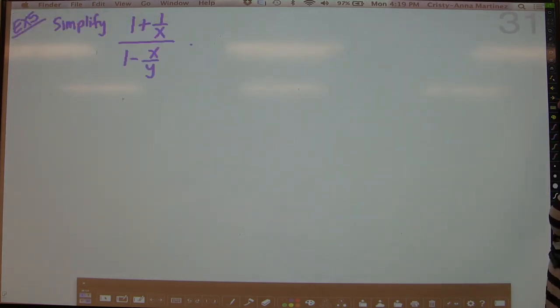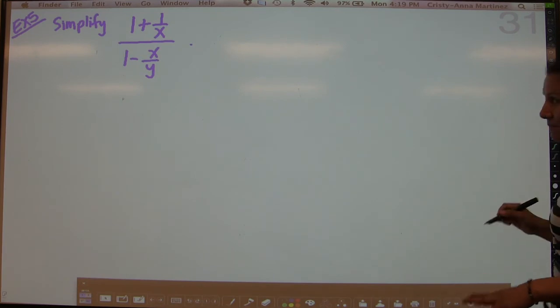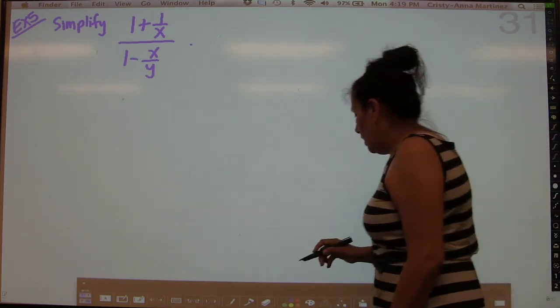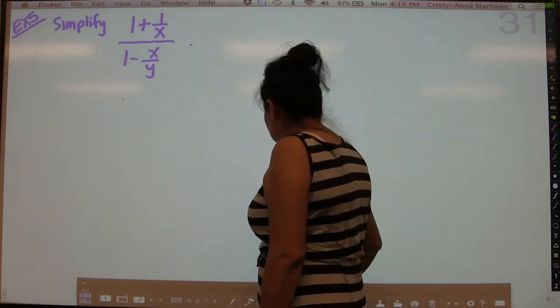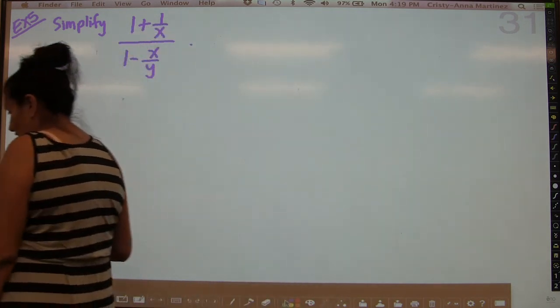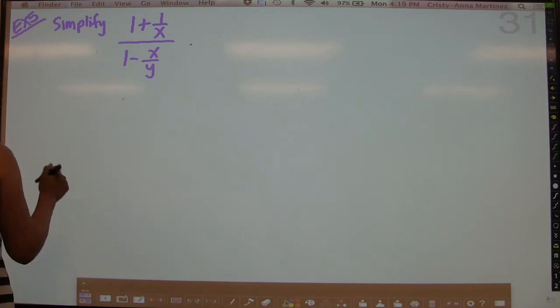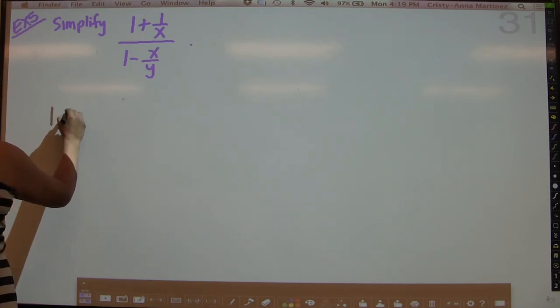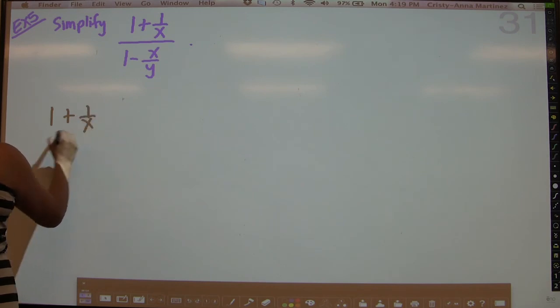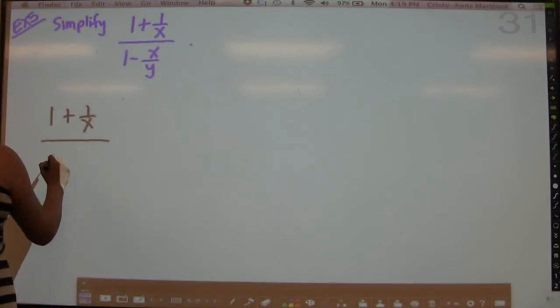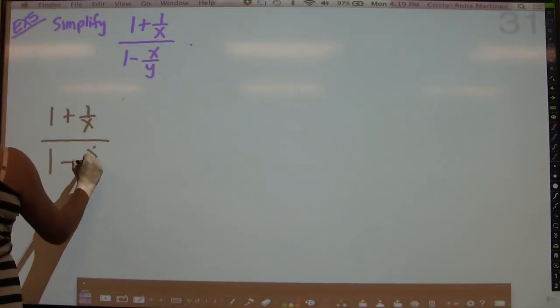But I'm going to go ahead and now do the same exact problem, only a little bit differently. And hopefully, I feel like this method is a lot easier. But again, you can do it whichever method is easier for you. So we'll start off with the 1 plus 1 over x again, 1 minus x over y.